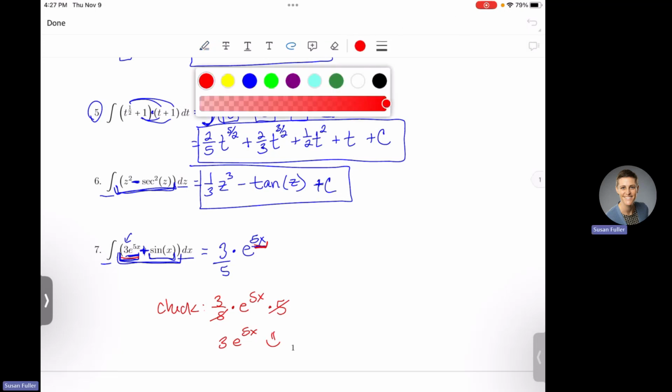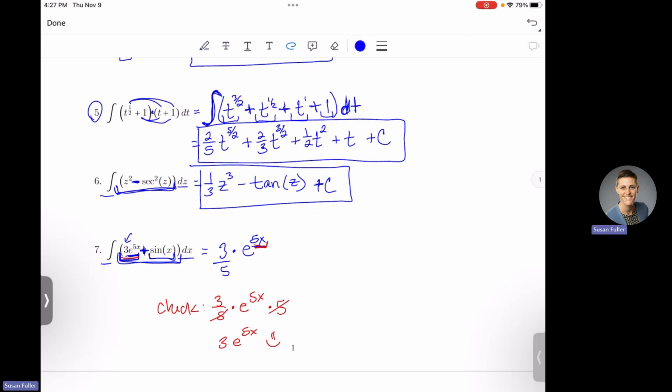All right, and then we aren't quite done. We just went through this first one. I'm going to add to that the general antiderivative of sine of x. To get a derivative of sine x, I needed to start with negative cosine.